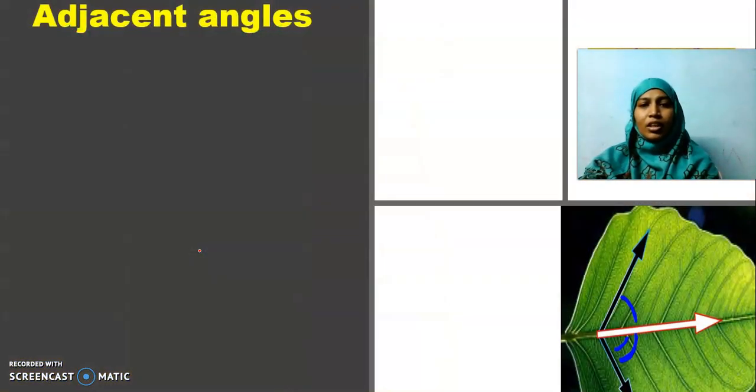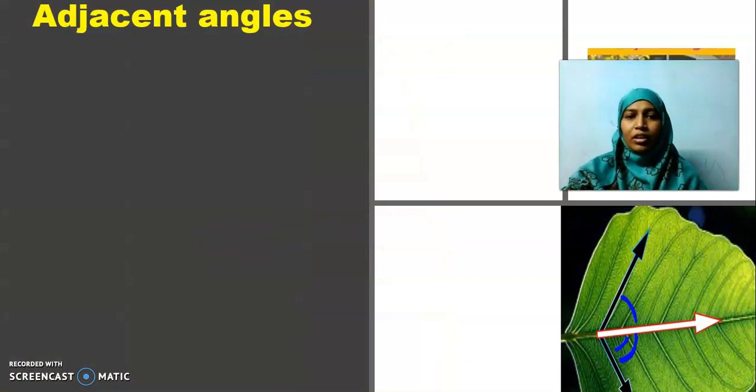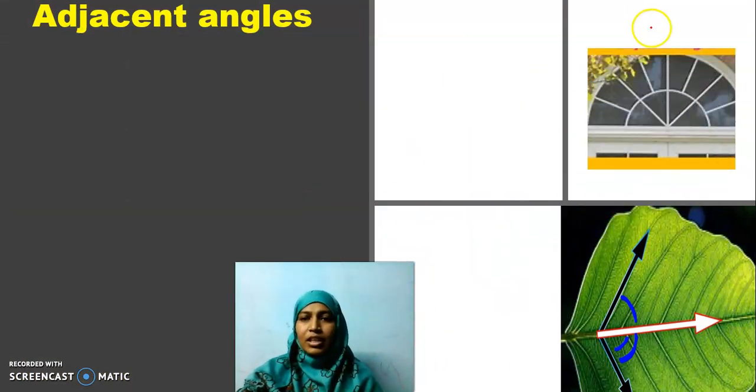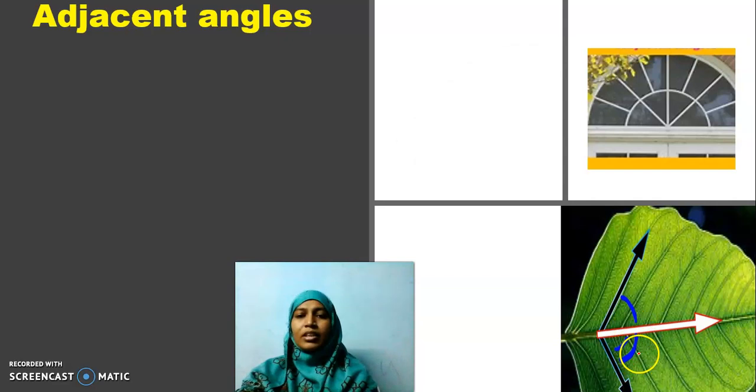Now the next concept is a very new concept. Here you can see two pictures. It's a leaf and here is a window pane. We have angles here, isn't it? How do they lie? They are near to each other, isn't it?